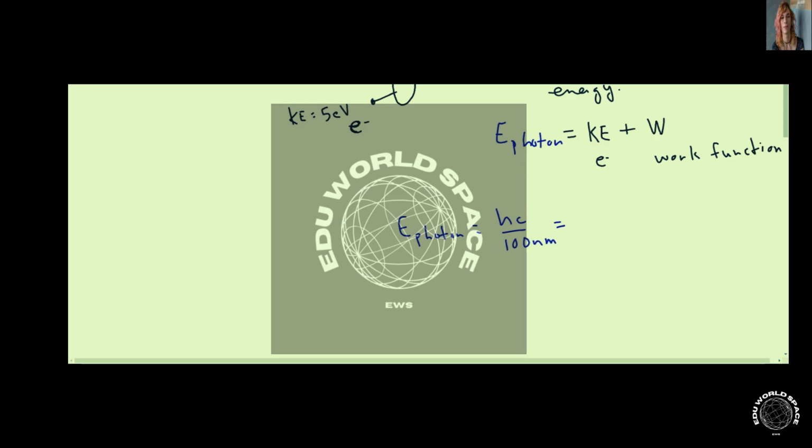And we'll use the atomic cluster. HC is 1240 eV times nanometers. And we are told that the kinetic energy coming off is, let's see, this is 12.4 eV, is 5 electron volts of kinetic energy.